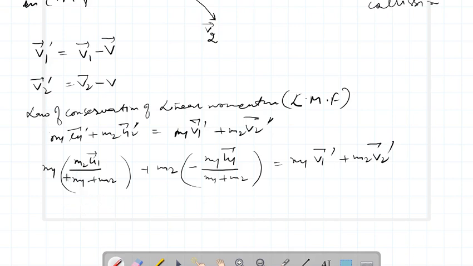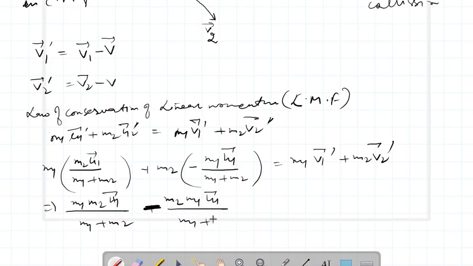Let me simplify this. This will become m1 m2 u1 upon m1 plus m2, plus, here it will become negative, m2 m1 u1 over m1 plus m2, is equal to m1 v1' plus m2 v2', right?